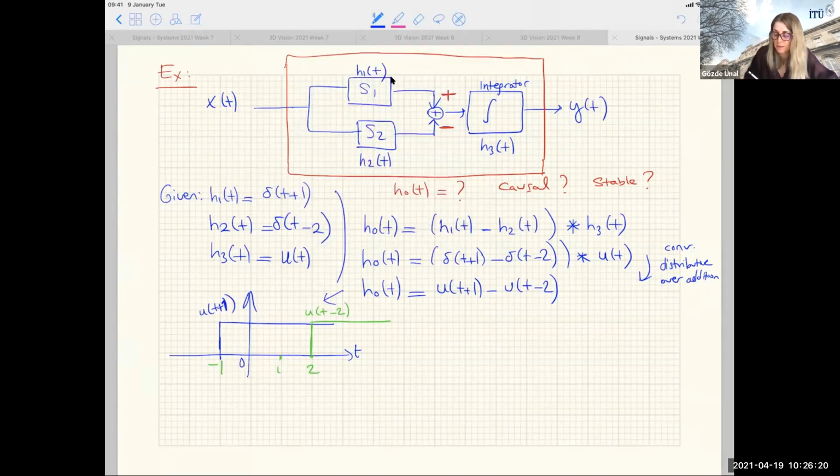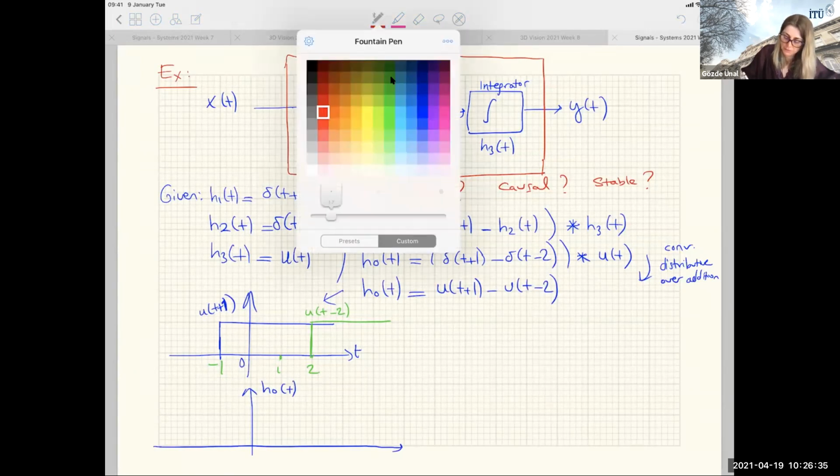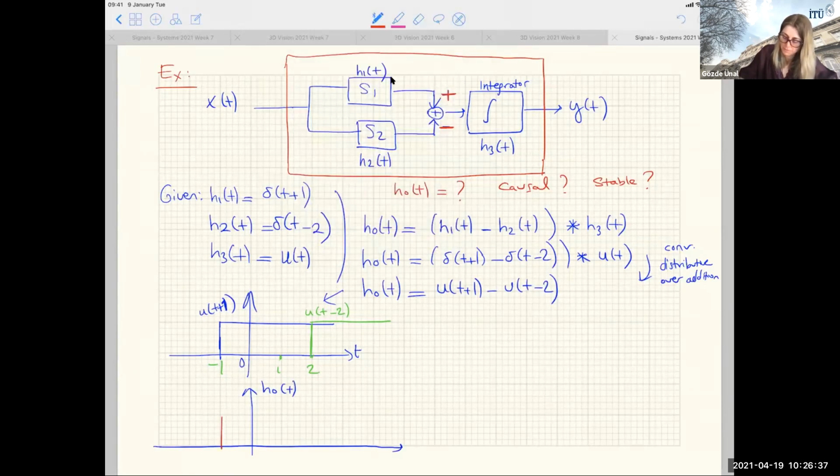Now subtract u(t - 2) from u(t + 1). Our overall impulse response is what is remaining in between. It's this pulse of height 1, from minus 1 to 2.